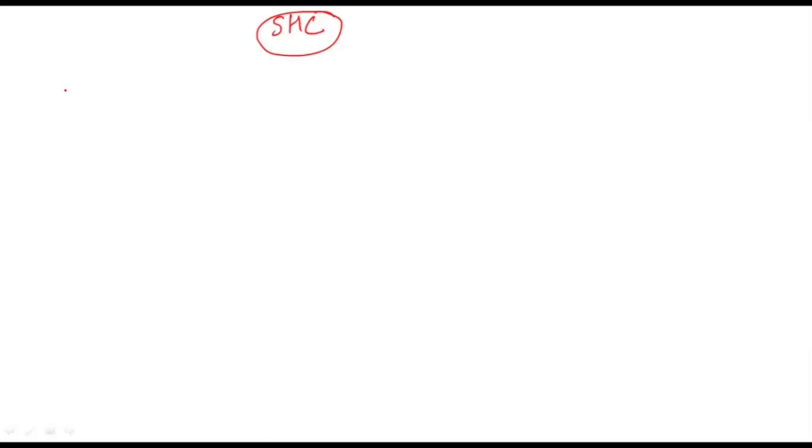This scheme, soil health card, was launched on 19 February 2015. Where was it launched? In Rajasthan, at a place called Suratgarh. This soil health card is promoted by the Department of Agriculture and Cooperation under the Ministry of Agriculture and Farmers Welfare.